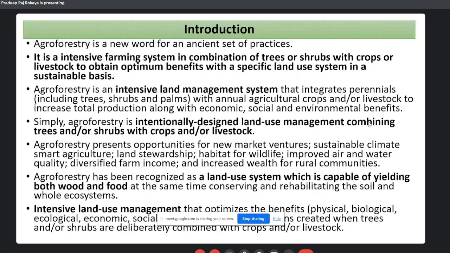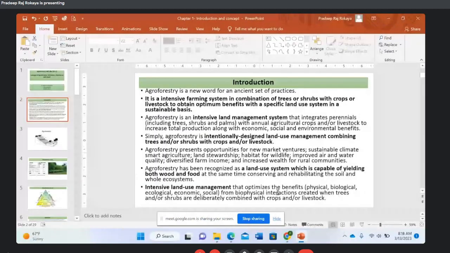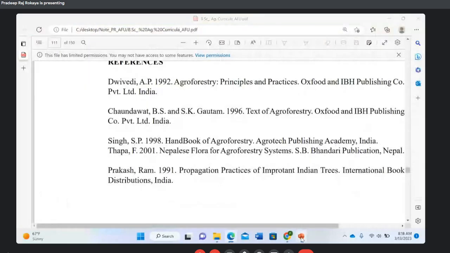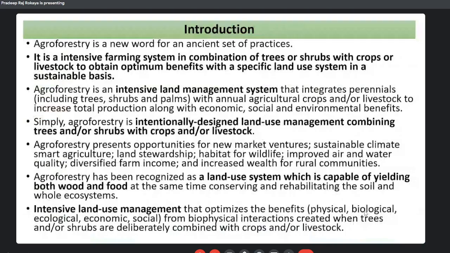Agroforestry presents opportunities for new marketing ventures, sustainable climate-smart agriculture, land stewardship, habitat for livestock and wildlife, improved air and water quality, diversified farm income, and increased wealth for rural communities.